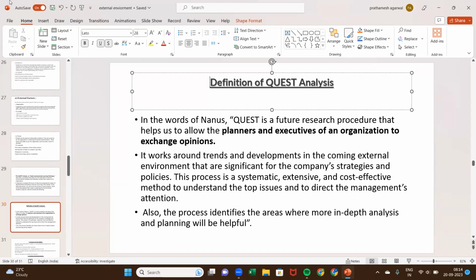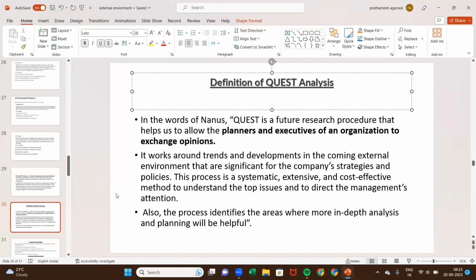It works around trends and developments in the coming external environment that are significant for companies' strategies and policies. This process is a systematic, extensive, and cost-effective method to understand the top issues and to direct the management's attention.